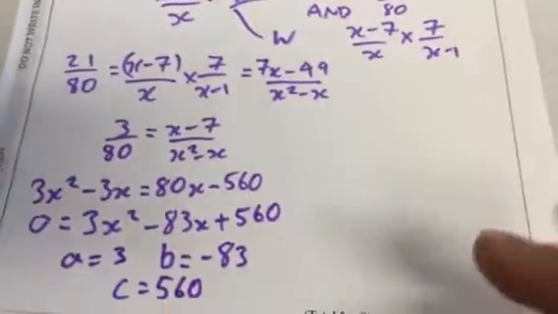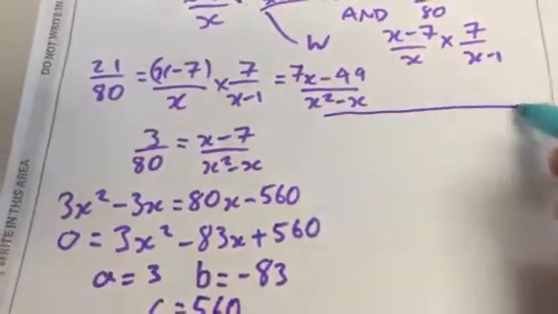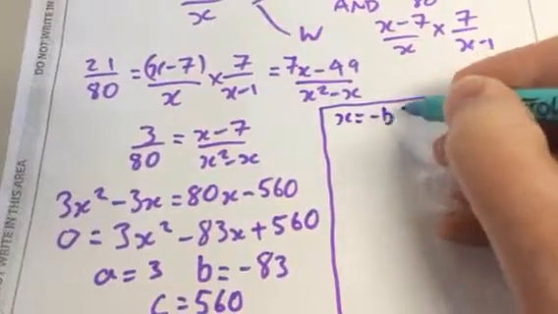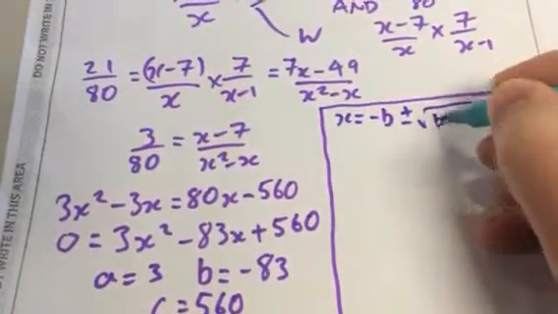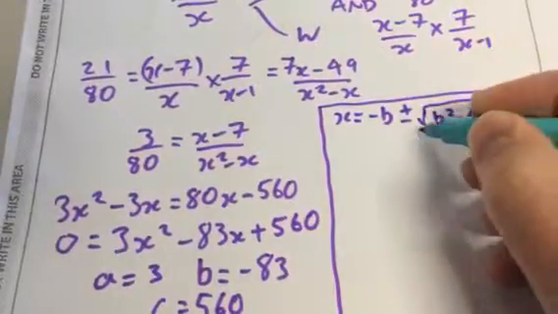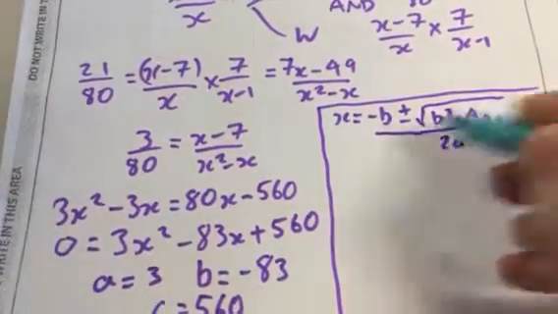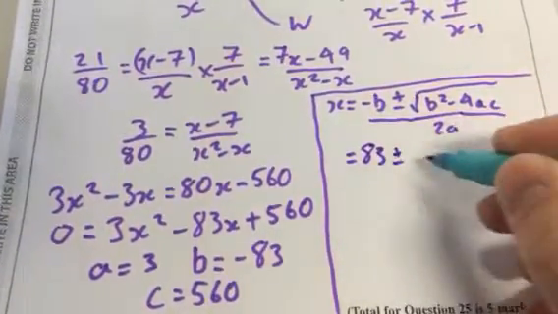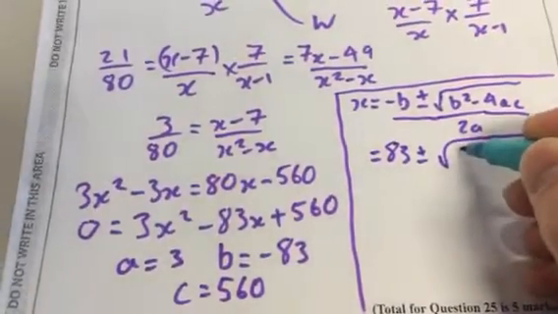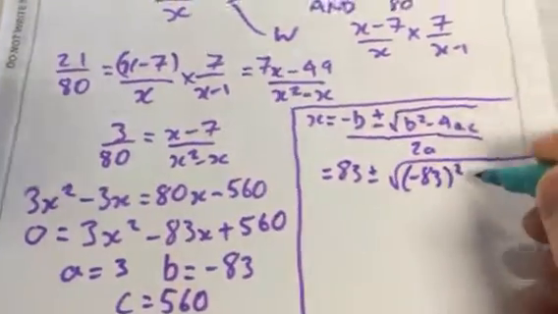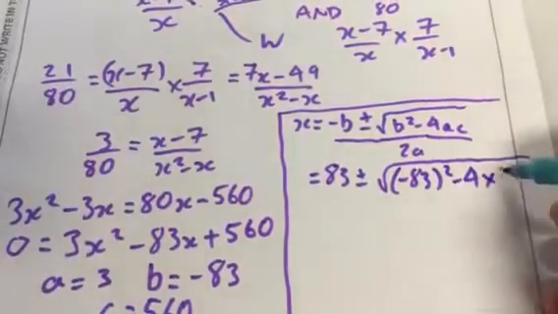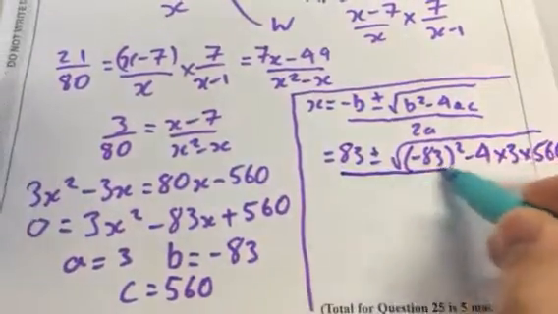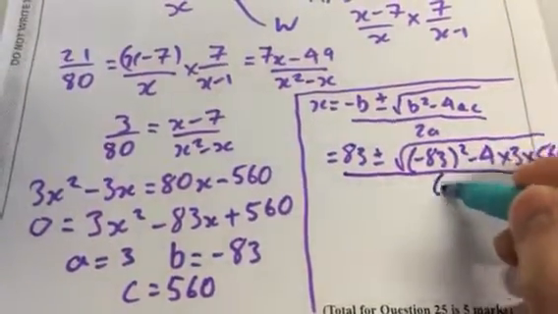Now remember the quadratic formula is x equal to minus b plus or minus the square root of b squared minus 4ac all over 2a. And if we substitute those all in, we've got 83 plus or minus the square root of minus 83 squared minus 4 times 3 times 560. And we hope that should be a positive number, otherwise there wouldn't be a solution, all over 2 times a.